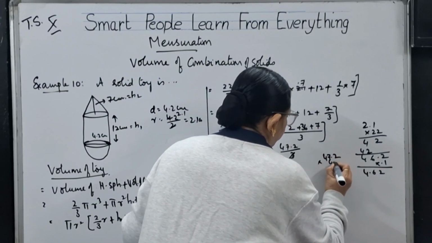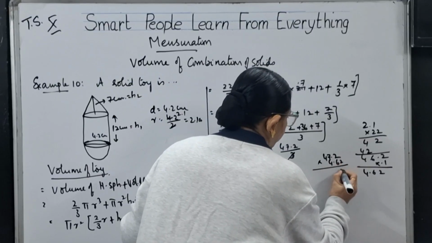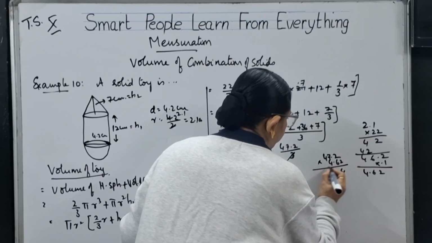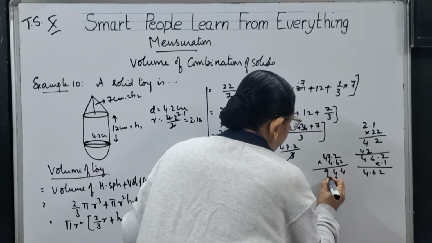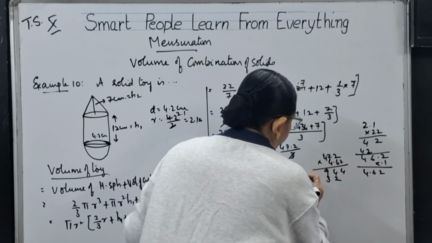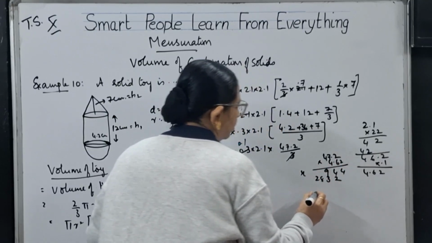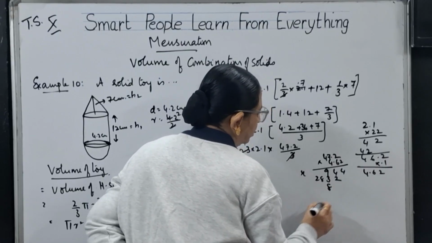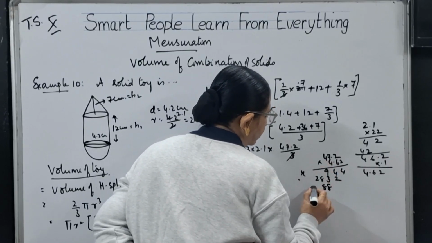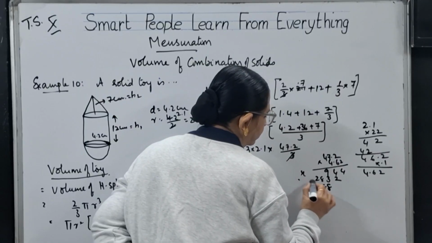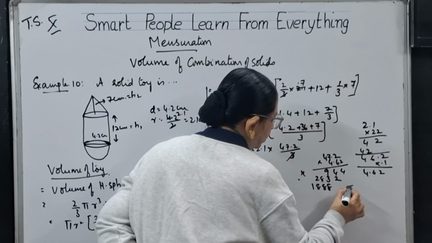So 47.2 into 4.62. 2 twos are 4, 2 sevens are 14, 2 fours are 8, 1 9, 6 twos are 12, 42, 1 43, 24, 4 28, 4 twos are 8, 4 sevens are 28, 4 fours are 16, 17, 18 you will be getting.